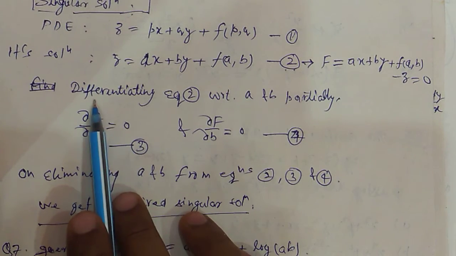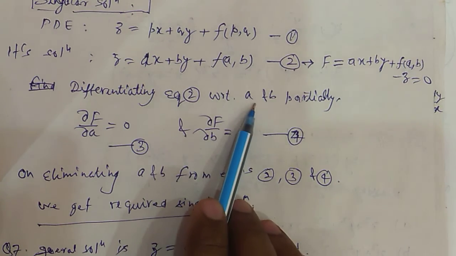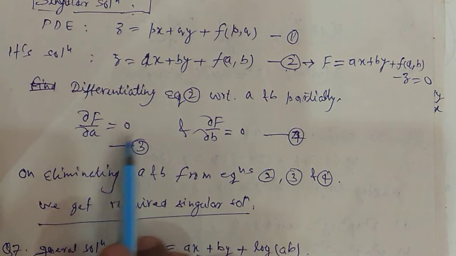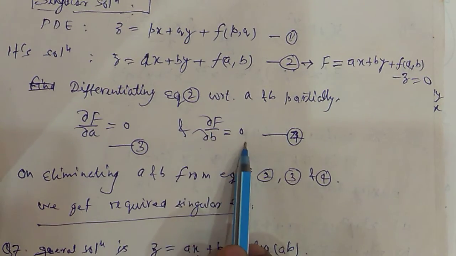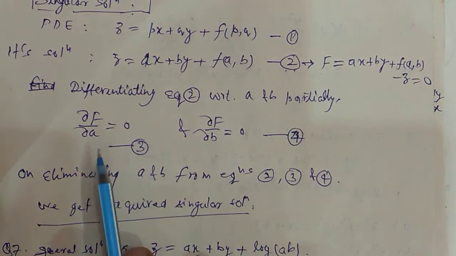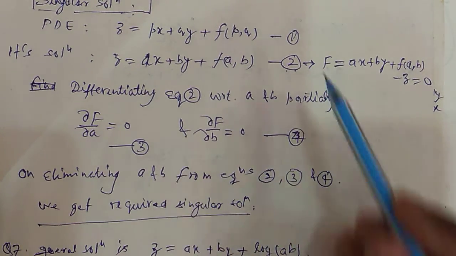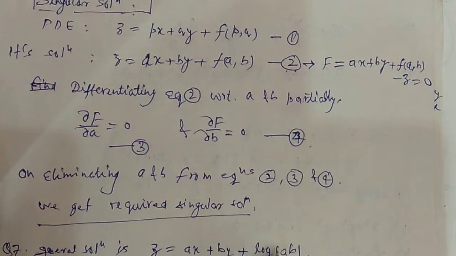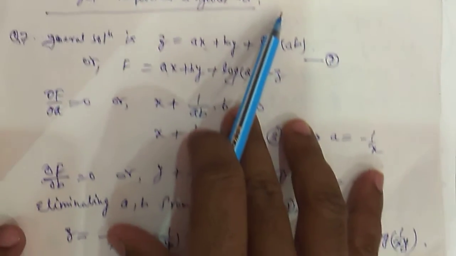By partially differentiating equation 2 with respect to small a and small b, we have del F over del a equal to 0 and del F over del b equal to 0. We get equations 3 and 4, and by eliminating a and b from equations 2, 3 and 4, we get the required singular solution. Consider the question.